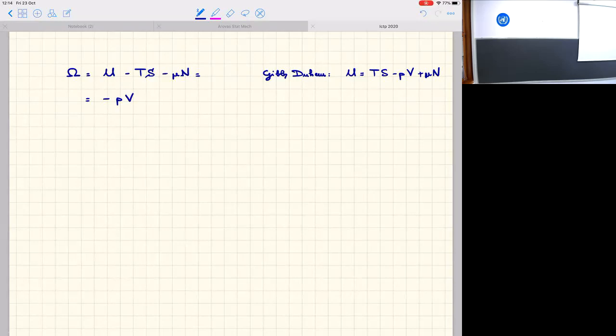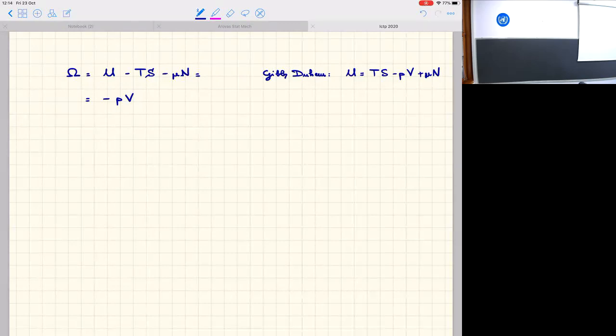And now this tells you something very interesting. You remember how the equation of state for the ideal gas looks like? P times V equal to N times R times T, right?